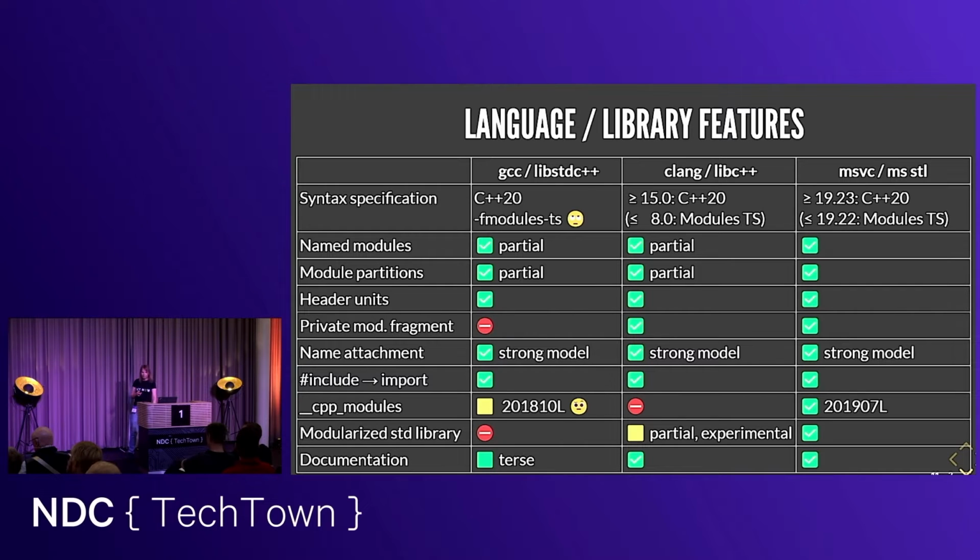Clang is very good in the latest incarnation of Clang 17. Even though the modularized standard library is still in an experimental stage and not part of the distribution packages that you can get from the repositories at LLVM. And then there's GCC.